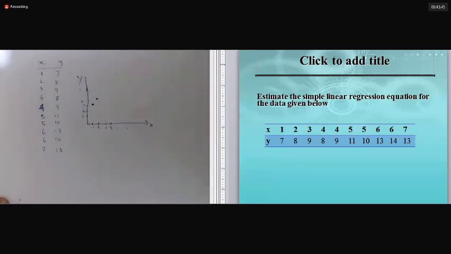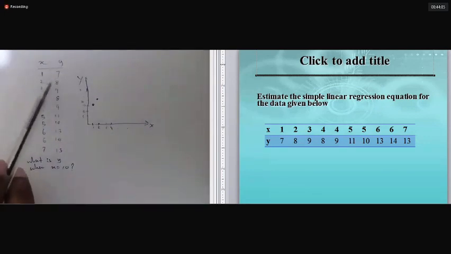Now the question is, if somebody asks you this question, what is y when x is equal to 10? For example, if this question is asked, we should be able to answer this question using these values.